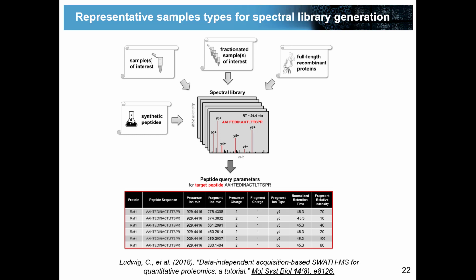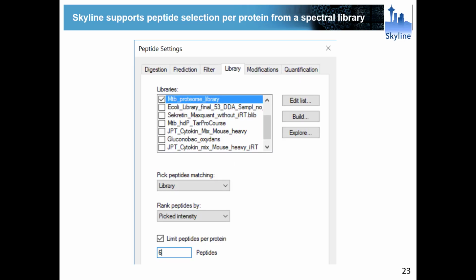So express your target proteins recombinantly, and this will also generate very highly concentrated peptides and very nice high quality MS2 spectra. And the last option is to not do any of these measurements yourself, but simply look at what's out there in the literature and try to find public libraries that you can use as a starting point for your own experiments. And on the next few slides, I would just like to give you a glimpse of that.